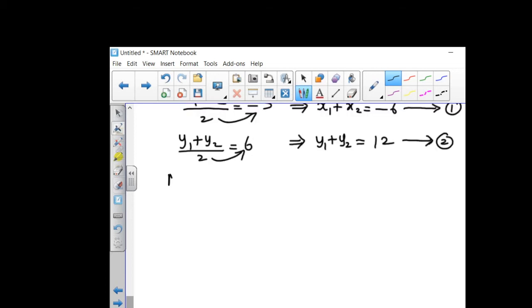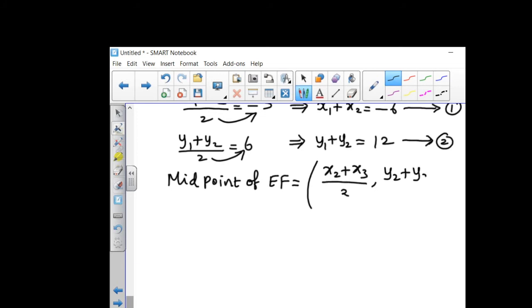Okay, then next equation, midpoint of EF. Midpoint of EF is equal to x2, x3. So (x2 plus x3) by 2 comma (y2 plus y3) by 2. What is the point? The point is 0 comma 7. So if you compare, what do you get? This is B point.